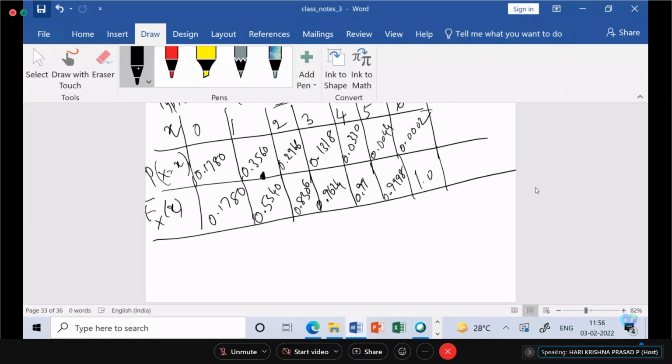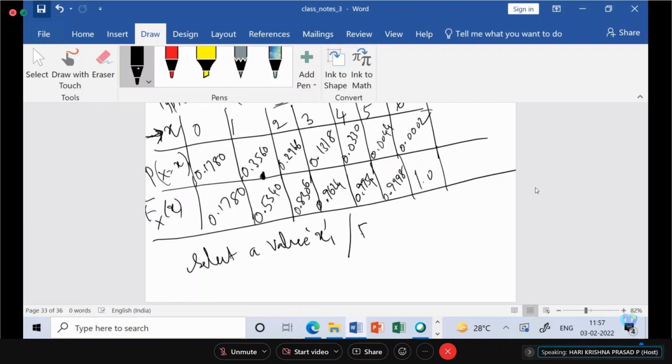Okay. So the rule for computing the median is that we need to select a value x1 in the first row of this table such that the distribution function value is less than or equal to 0.5.